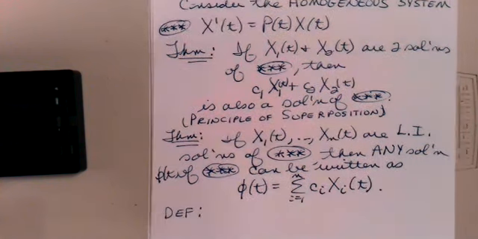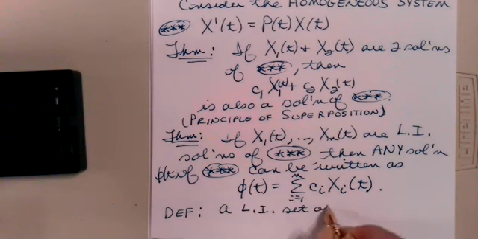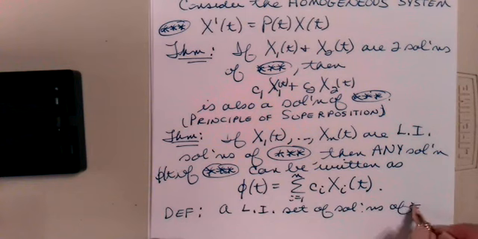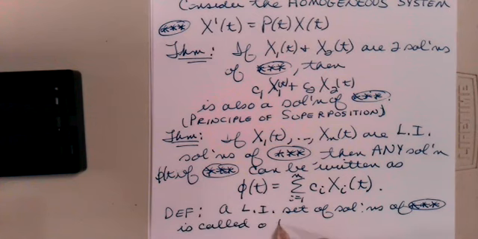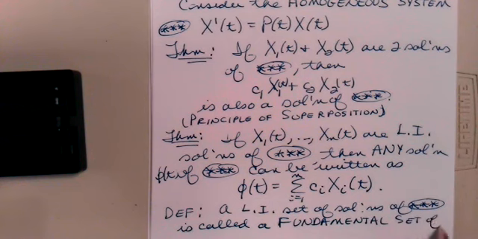And so a set of linearly independent solutions is so special, we give it a name. A linearly independent set of solutions of a homogeneous equation of that form is called a fundamental set of solutions.